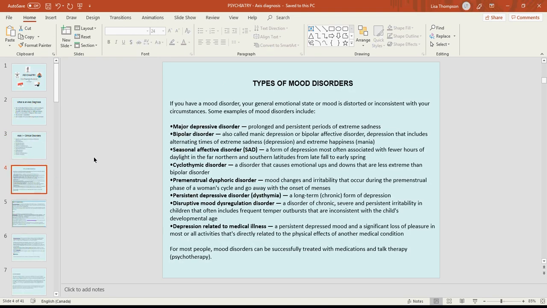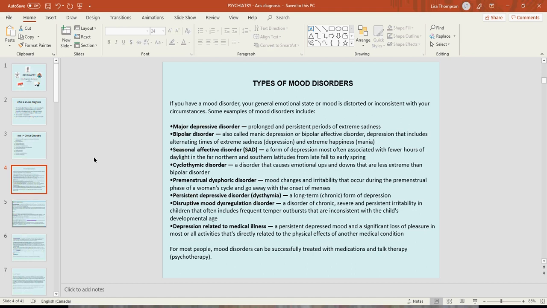Types of mood disorders: if you have a mood disorder, your general emotional state or mood is distorted or inconsistent with your circumstances. Some examples of mood disorders include major depressive disorder, that's prolonged and persistent periods of extreme sadness. Bipolar disorder, also called manic depression or bipolar affective disorder.